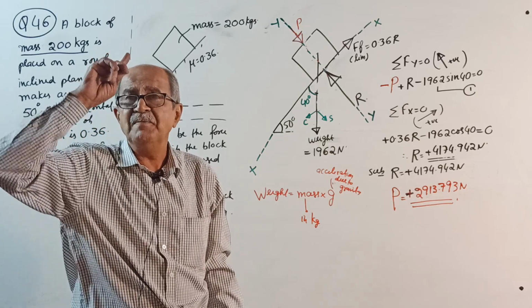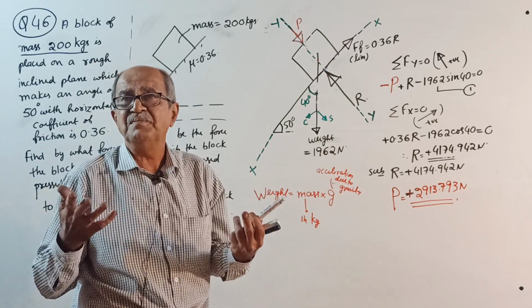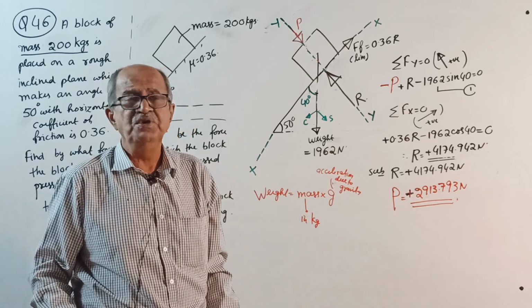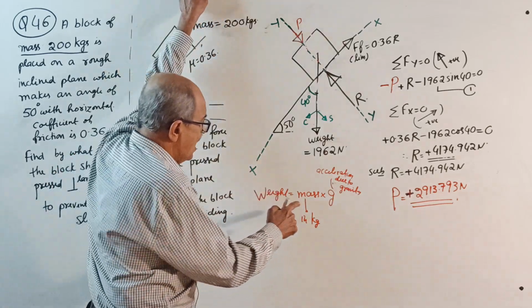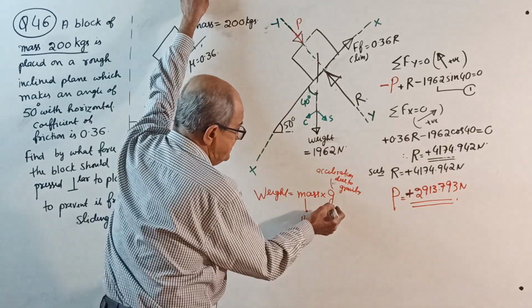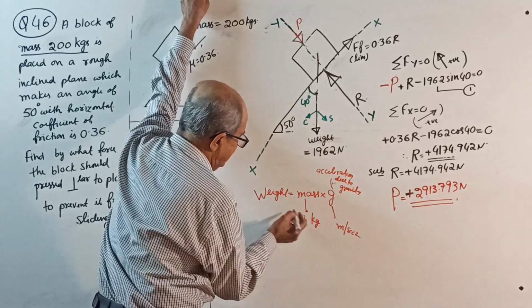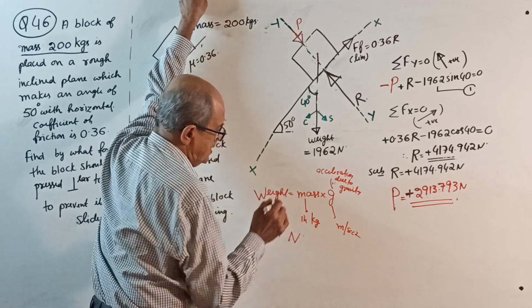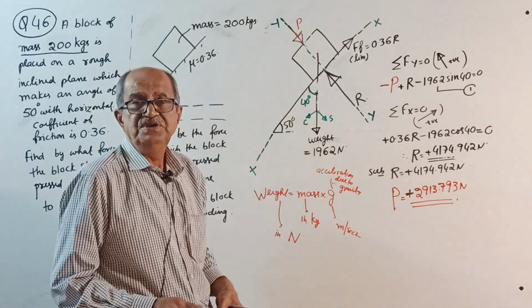That is a weight kilogram. It is not the SI system, it is the MK system. That is a gravitational unit. That is not used now. We take force in Newton or kilonewton. So with mass in kilogram and g in meter per second square, the weight will come in Newton. Remember, mass in kilogram into g.